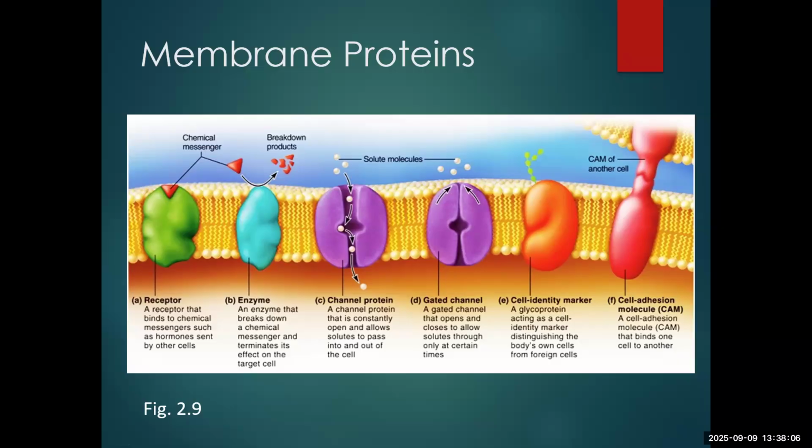Chemical messengers tell the cell what to do. A chemical messenger or chemical signal, as we sometimes call them. The most common chemical messengers are neurotransmitters and hormones.